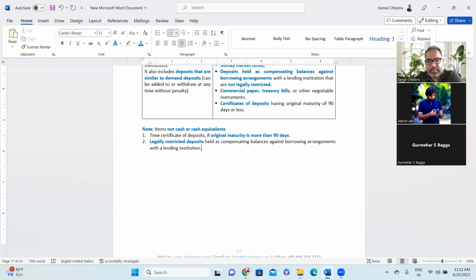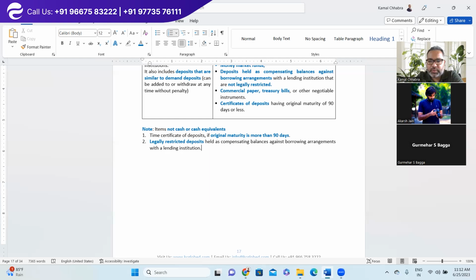Even though that's a fixed deposit, that may be a bond, that may be commercial paper, that may be a treasury bill, the thing is that you cannot withdraw it at your own will, right? You can withdraw it only upon completion or termination of the respective responsibility. Make sense? Yes, sir.